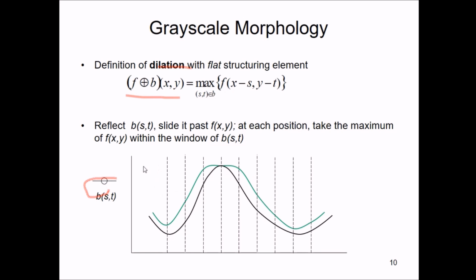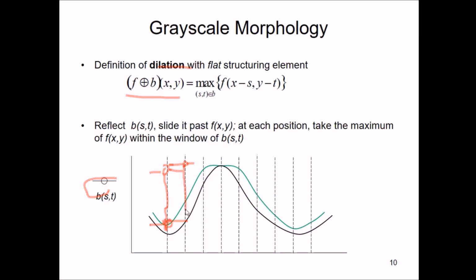What we do is slide it along this line until it touches. It comes here and it touches, so we take this point. Again we slide it like this. This is our SE.